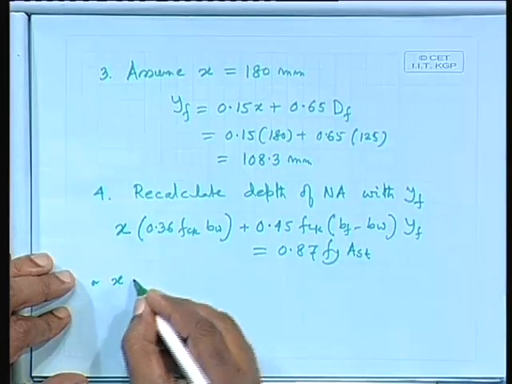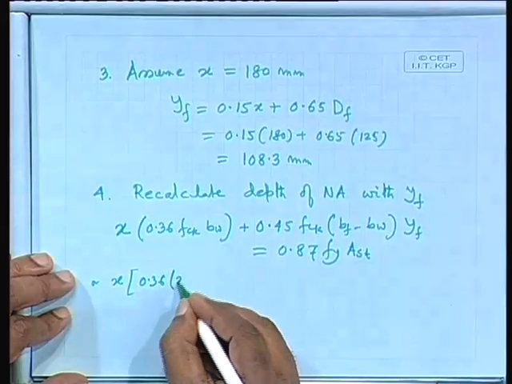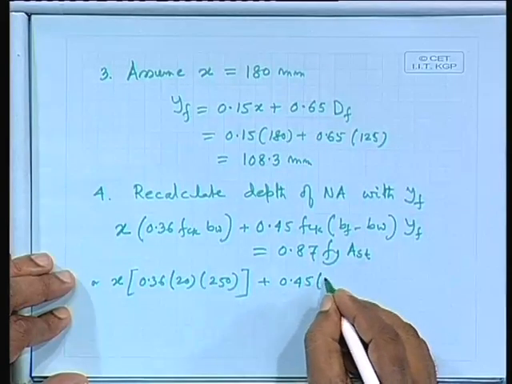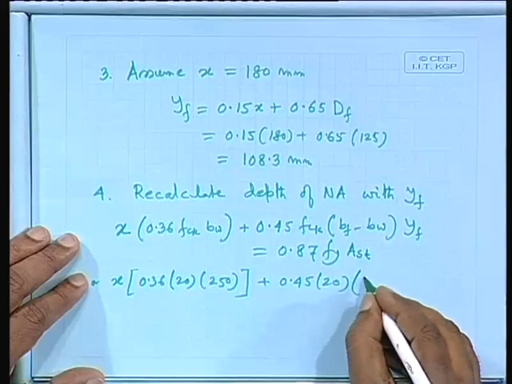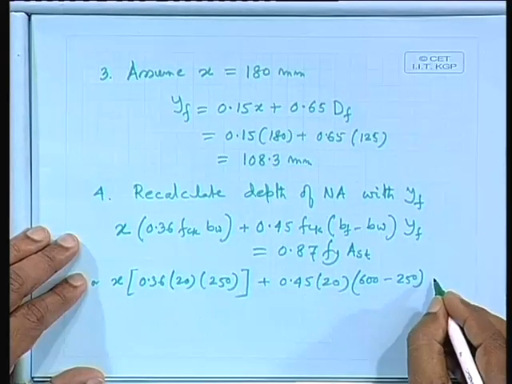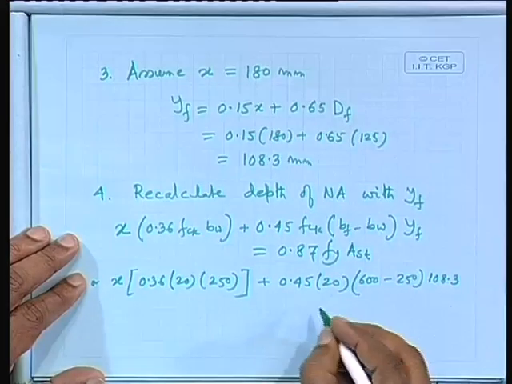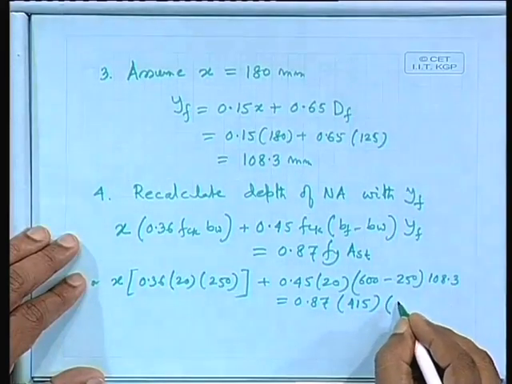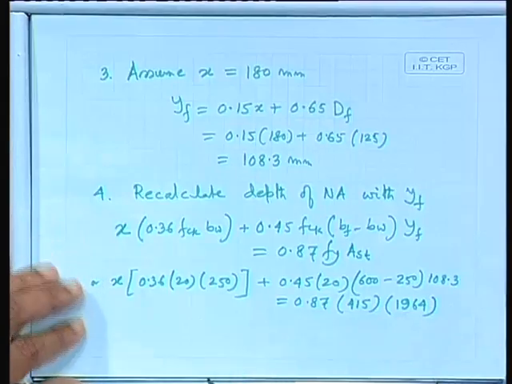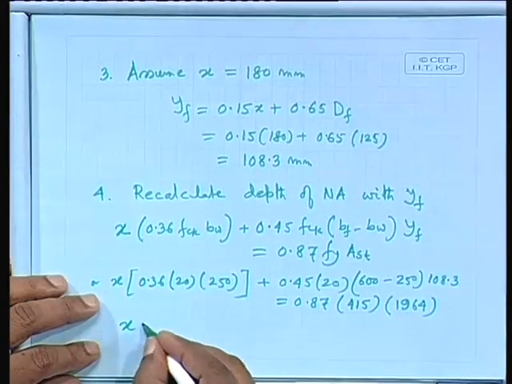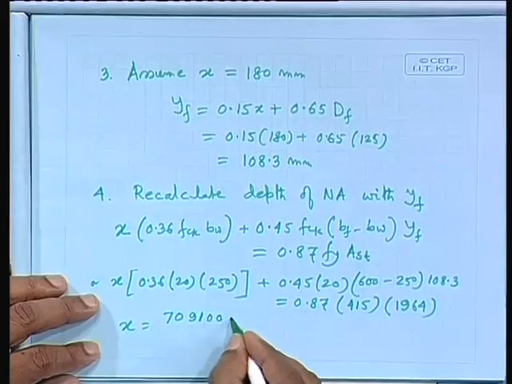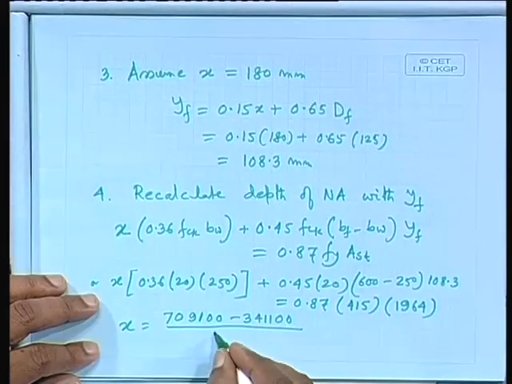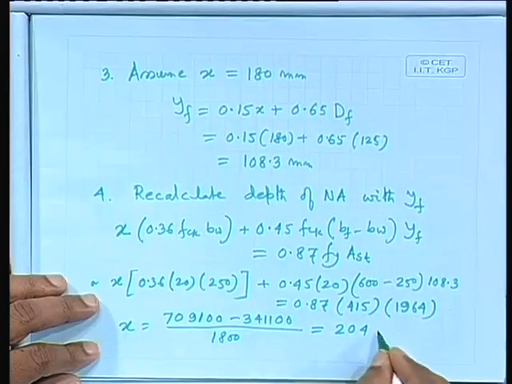We can write x times 0.36 times 20 times 250 plus 0.45 times 20, that M20 grade, times 600 minus 250 times 108.3 equals 0.87 times 415 times 1964 area of steel, which comes as 709100 minus 341100, if you just rearrange it, divided by 1800 equals 204 millimeter.